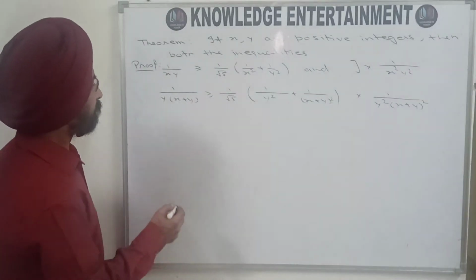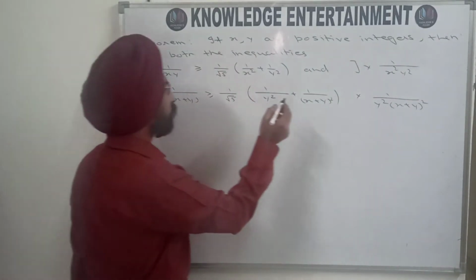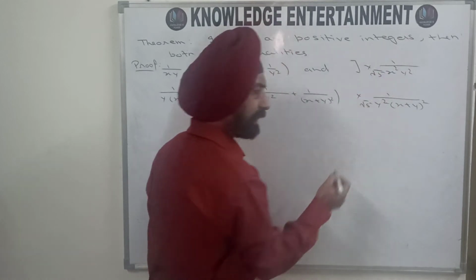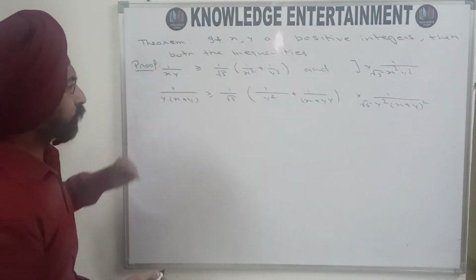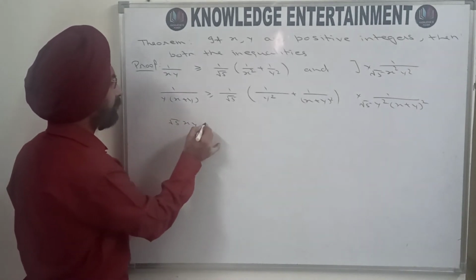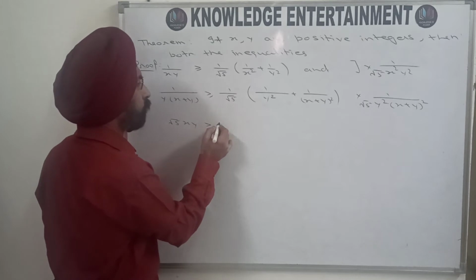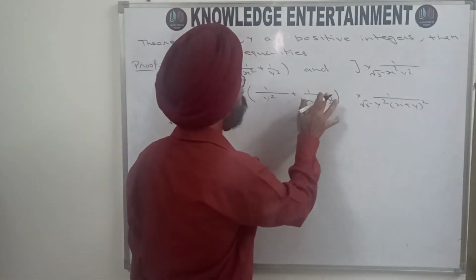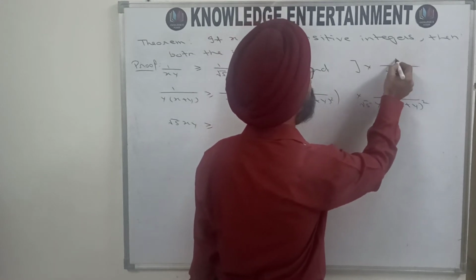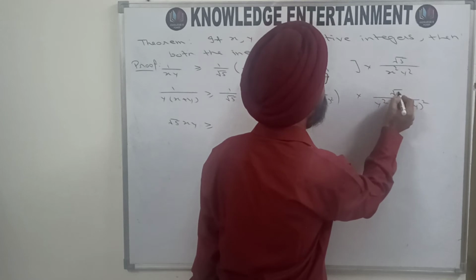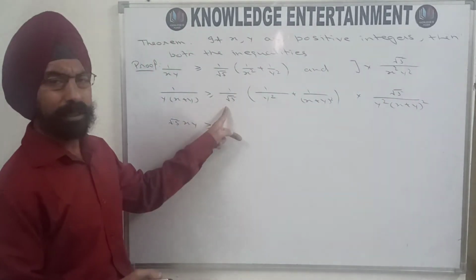So you will get here under root 5, also multiply by under root 5. Let us get rid of root 5 also. So what you will get here is root 5 xy is greater than or equal to this. So you multiply root 5 in the numerator instead of the denominator, so that this root 5 will be eliminated.